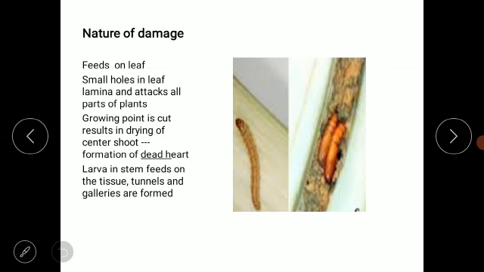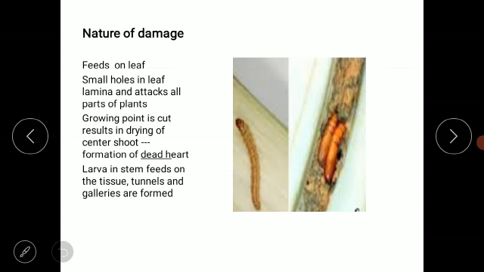Now, at the growing point, it is cut, which results in the drying of the central shoot, and subsequently the formation of dead heart takes place. See here, slowly, when the larvae attack the leaf lamina, they enter into the shoot, and when the larva enters into the shoot, it produces a hole.